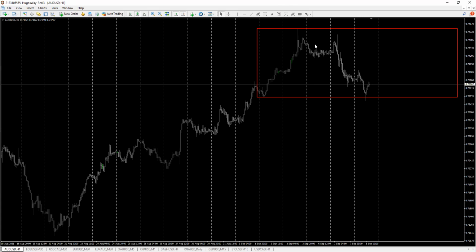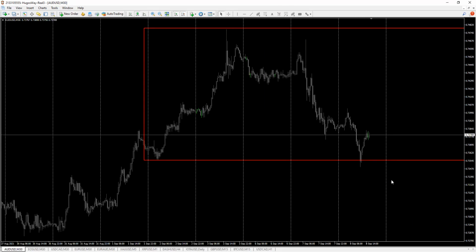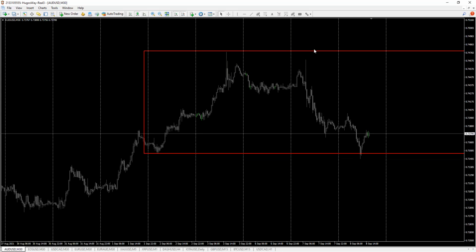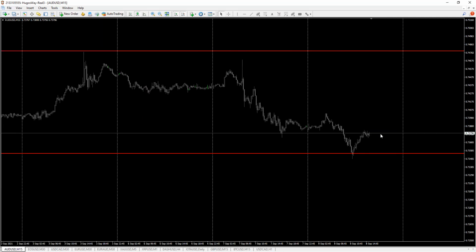So since we're in this level 1, we can now go to say 30-minute and start reading the cycle and trend within that time frame, as long as we're still within the level and we have the right cycle direction. Okay. So since we're down, we know we need to be analyzing a downtrend throughout the levels.